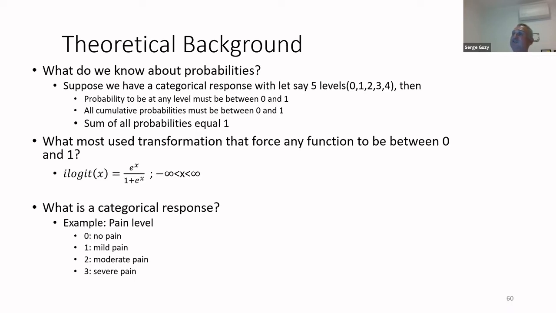The last constraint that we need to obey is that the sum of all the probabilities must be equal to 1, and also that probability can never be negative. I told you, because it has to be between 0 and 1.